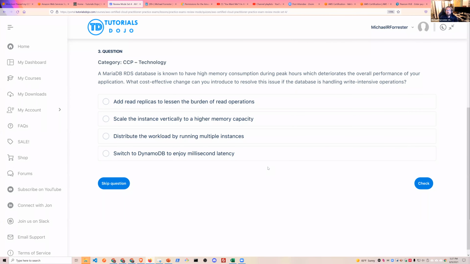Okay. Next, a MariaDB RDS database is known to have high memory consumption during peak hours, which deteriorates the overall performance of your app. What cost-effective change can you introduce to resolve the issue if the database is handling write-intensive operations?